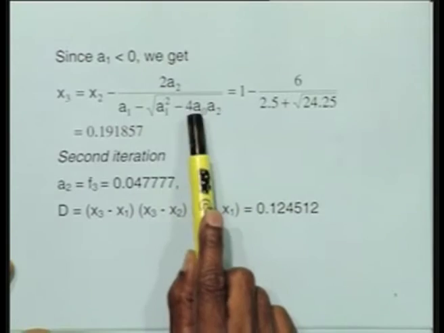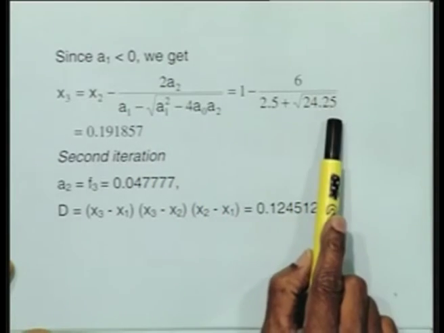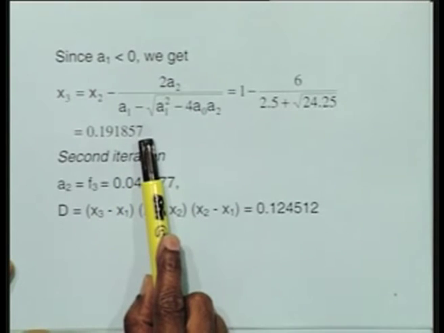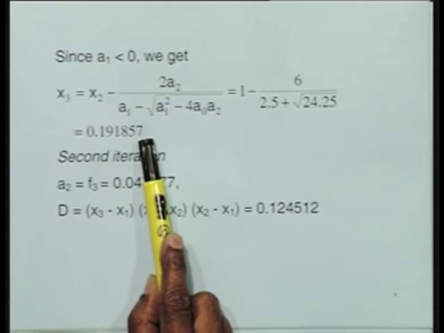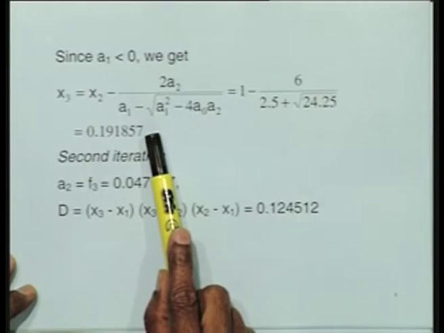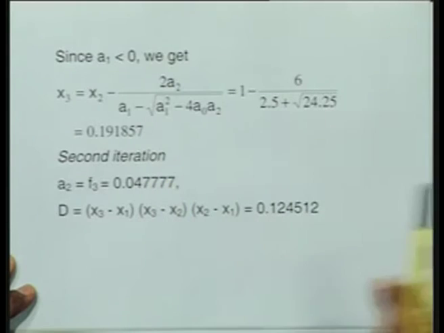I can substitute the values of a naught, a1 and a2 and evaluate it as 191857. Now this gives us the first step of our Muller iteration, that is the first iteration of the Muller method.